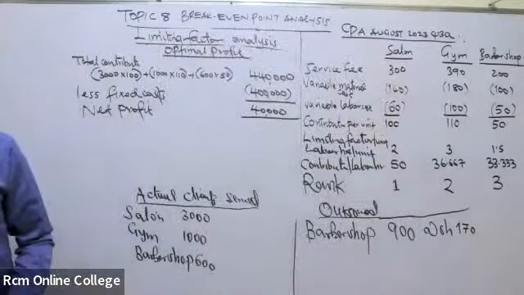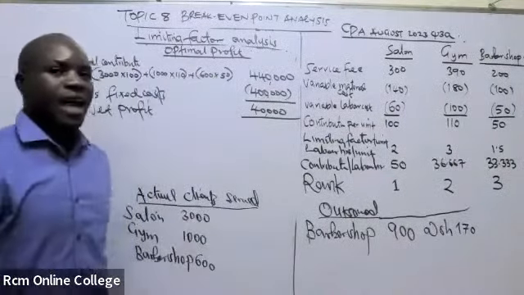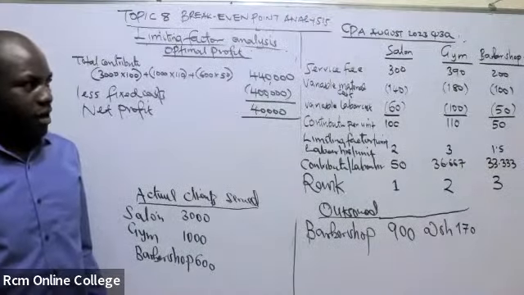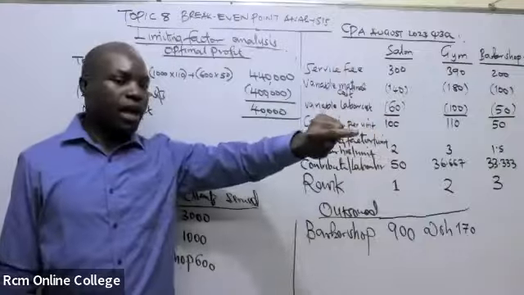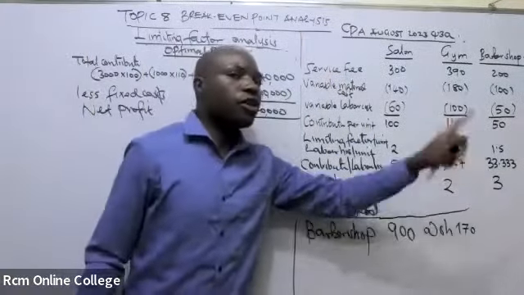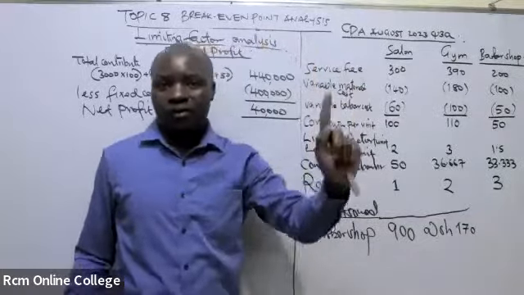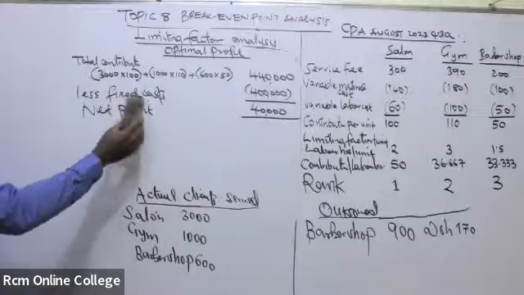What they could not produce was to be outsourced, or those whom they could not serve at the barber shop were to be transferred to another barber shop, where this company will be paying 170 for each person served there. What will be our resulting net profit?